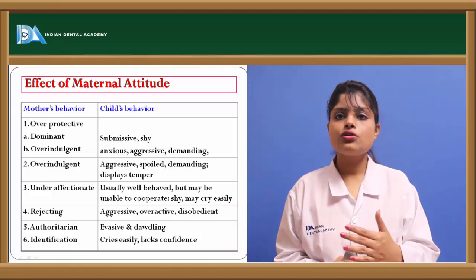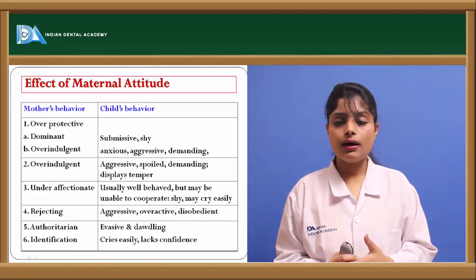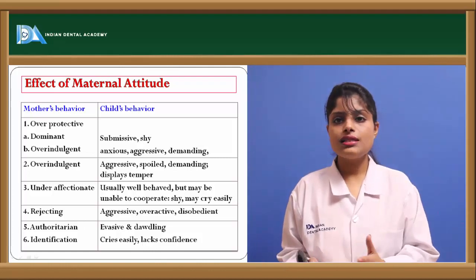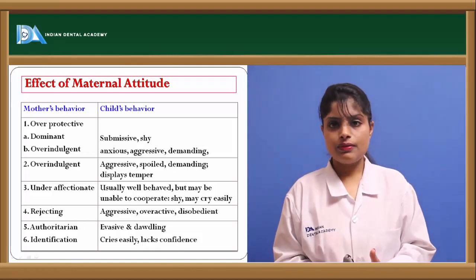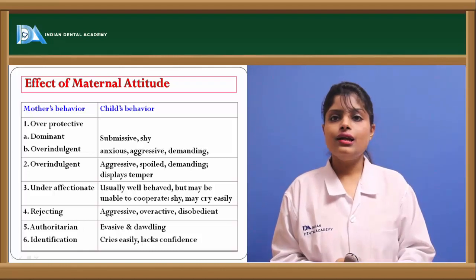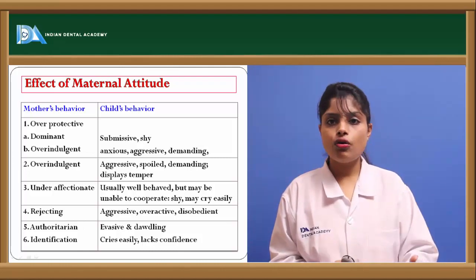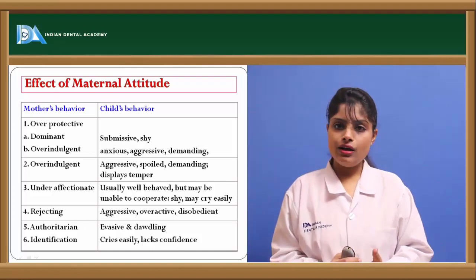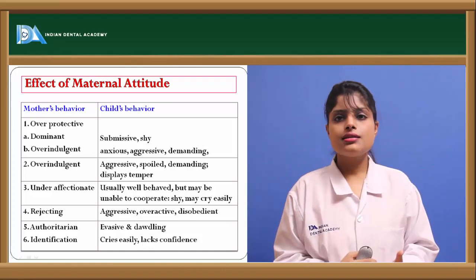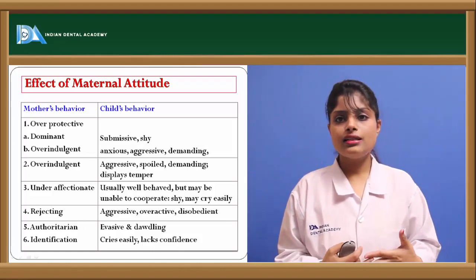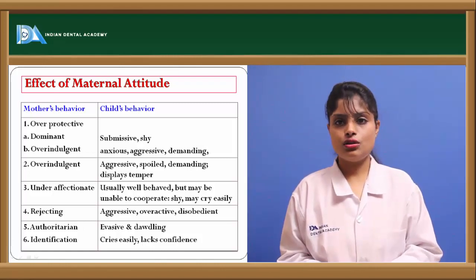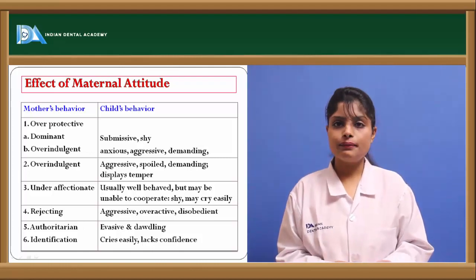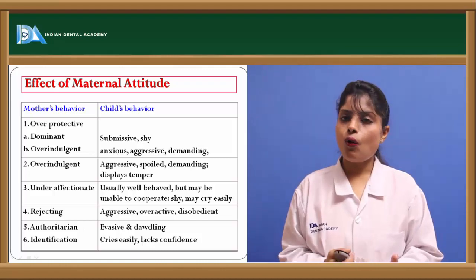Now, what is an authoritarian mother? An authoritarian mother will always impose her own set of rules on the child and will expect the child to obey or to follow her ways. Such a child will generally be shy and submissive, and will always submit to the dental treatment and obey the commands, but slowly, and can be evasive or dawdling.